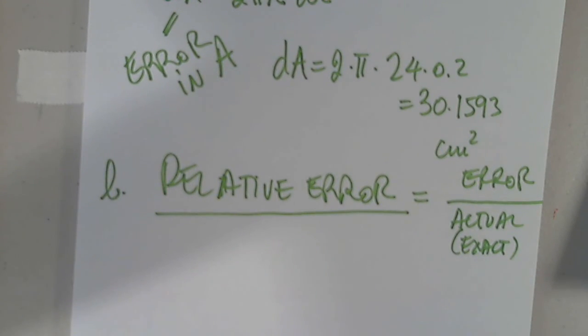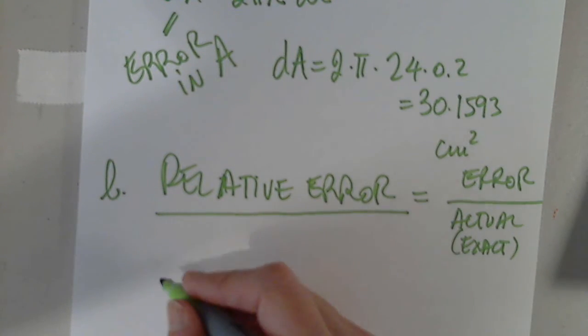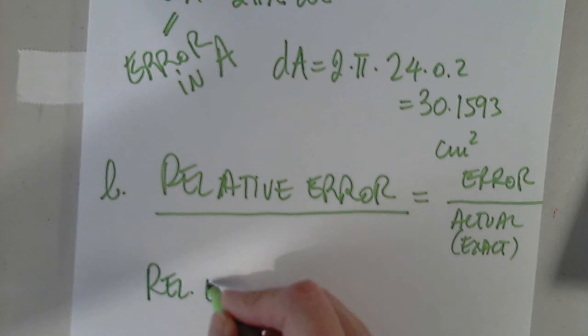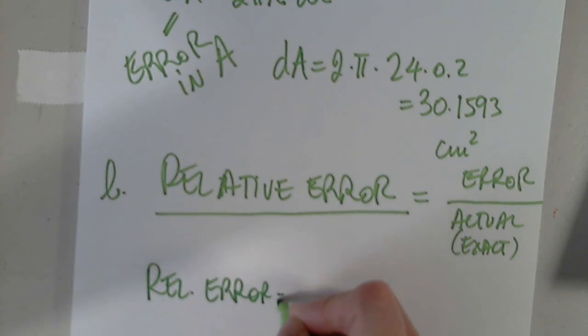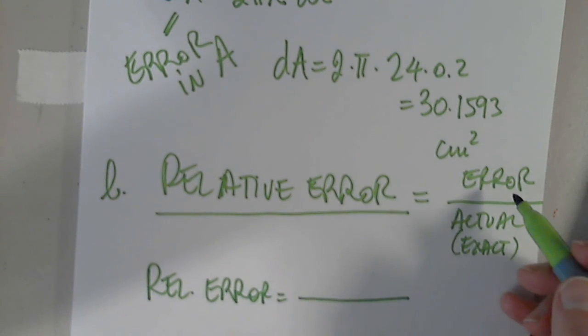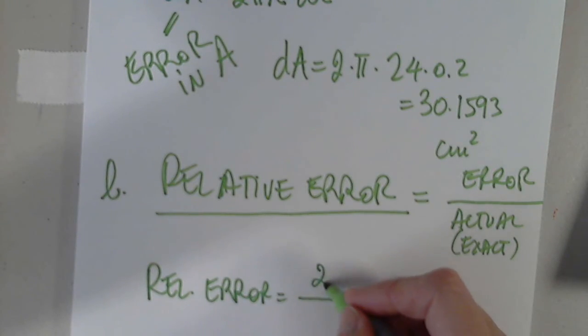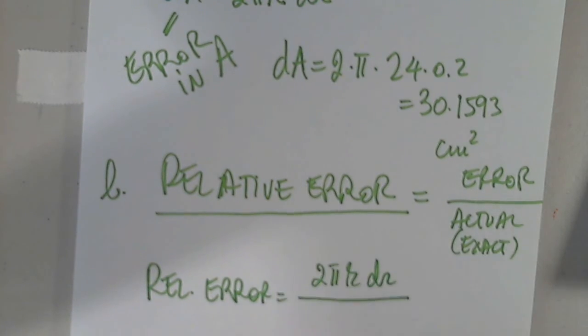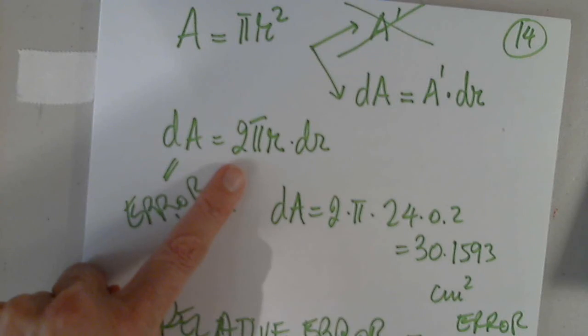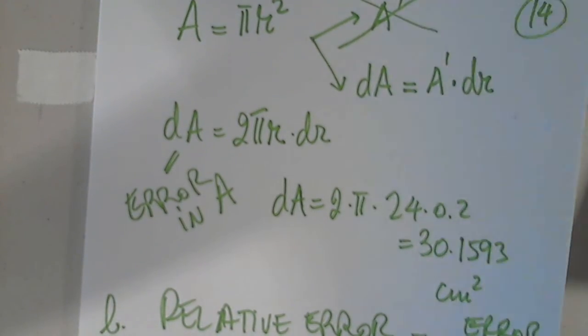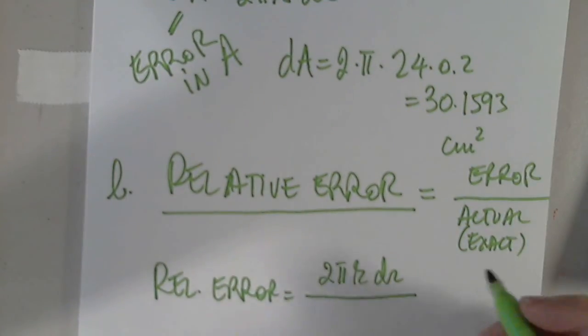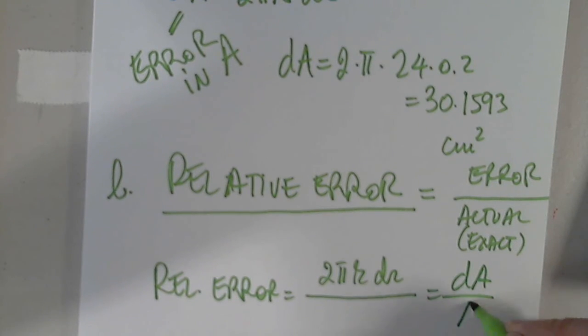So we are also asked to find the relative error. So the relative error equals the error, which is 2 pi r dr. That was the formula, dA. Maybe I should have written dA so you can see it. So it's dA over A.